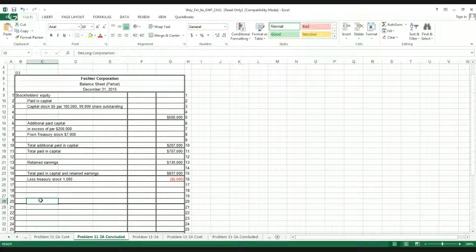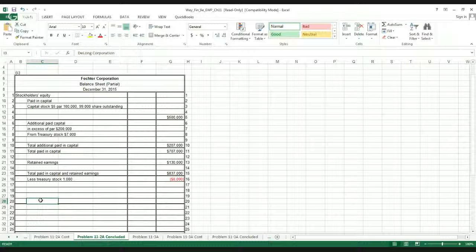Remember, they purchased a total of 5,000 shares at $8 a share. Between June 1st and December 1st, they sold 4,000. So we've got 1,000 of those shares left over. That gives us that 8,000 number for the treasury stock. And it's even a given, so they give us that on the side of the chapter.